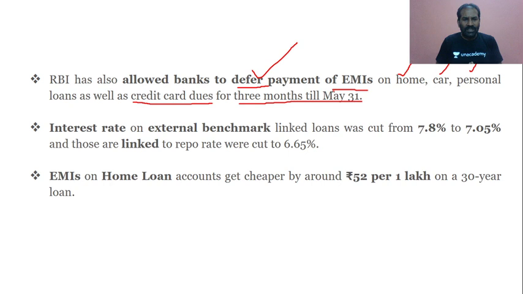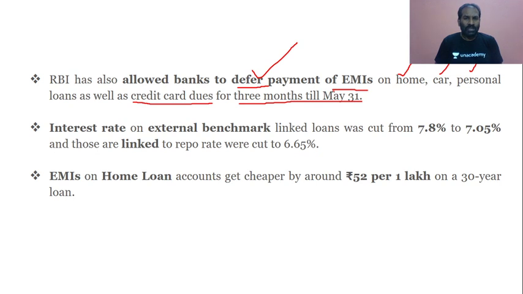This is very important because this will definitely ease the burden on people whose salaries are not being credited, and on those in businesses. Because of the national lockdown, many of the manufacturing sectors and production units have been shut down.